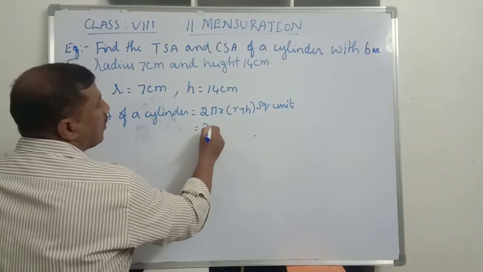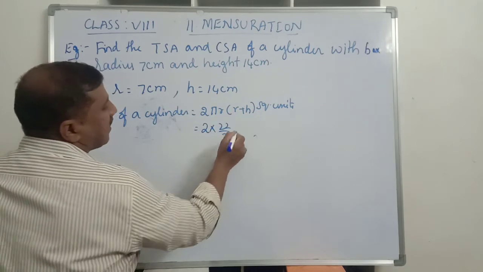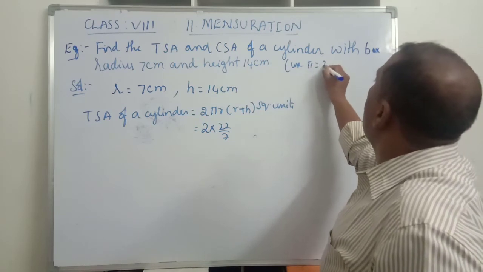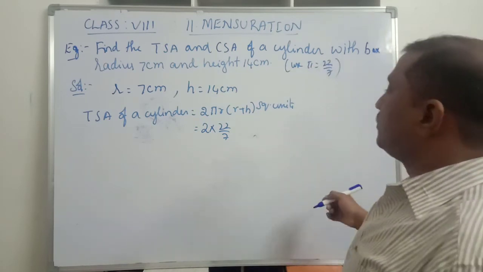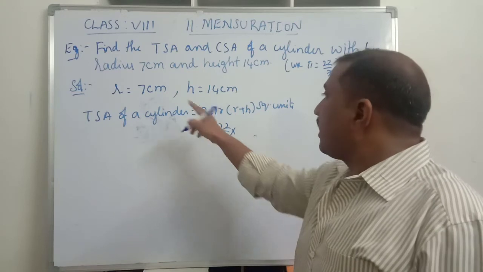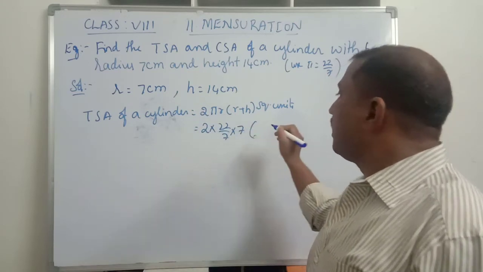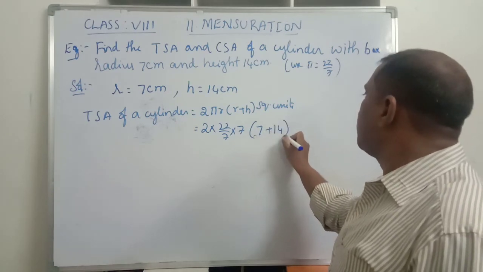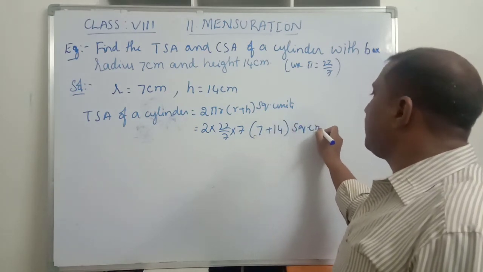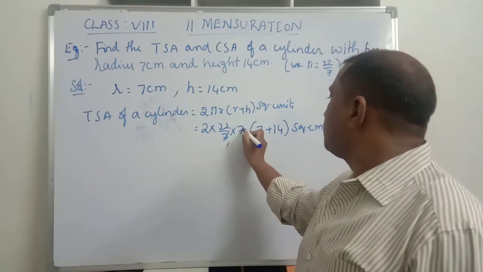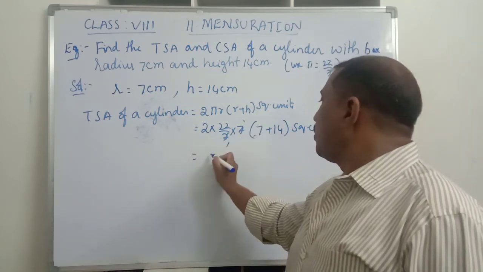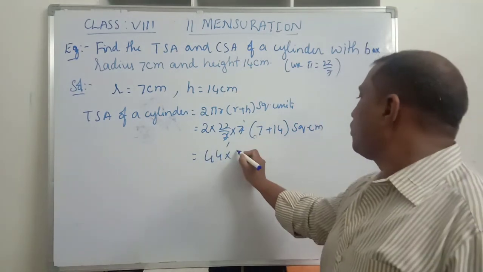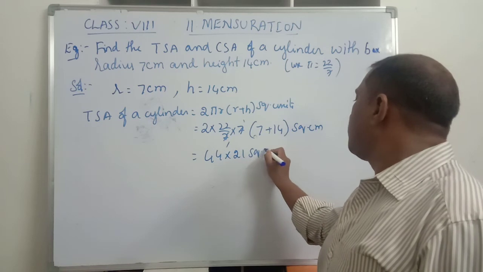That is 2 into pi, and here we use pi equals 22 by 7. So 2 into 22 by 7 into radius 7 centimeters into radius 7 plus height 14 centimeters, square centimeters. Now the 7s are cancelled. Then 2 into 22 is 44 into 7 plus 14 is 21 square centimeters.